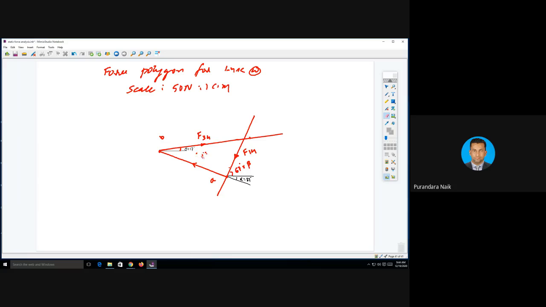This is F54. You can write it at the bottom. Why is it downward? This is very important, because you know this force is acting like this and this force is acting like this. Automatically, this force will be in this direction, to make a closed polygon. Remember.